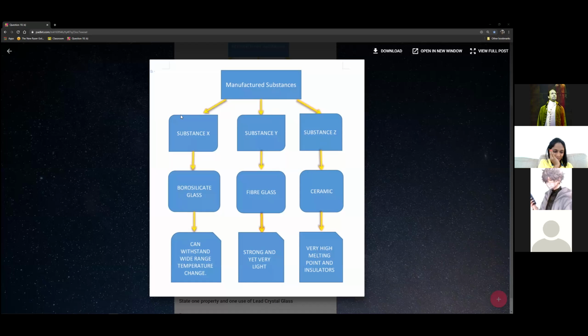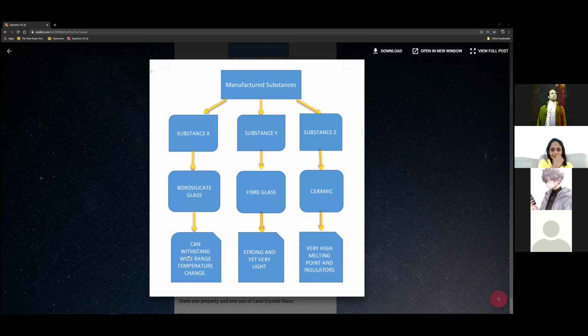Whenever you see glass cookware and boiling tubes, automatically it should be borosilicate glass. The reasoning for this is borosilicate glass can withstand a wide range of temperature change, meaning you can take it out of a cold region, at low temperature, and you can heat it up immediately without the glass cracking. So you can use it for boiling tubes and stuff like that.